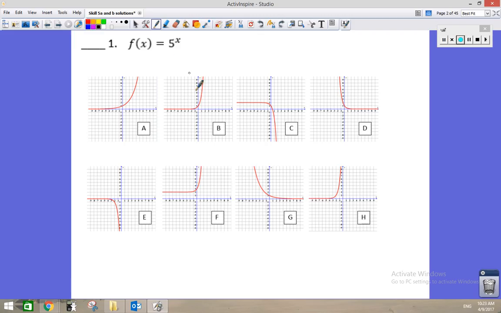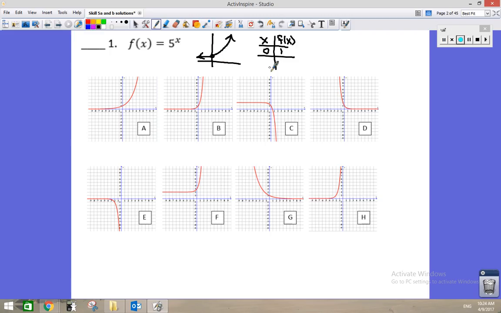Alright, so let's see if we can match these equations to the graphs. The base 5 is bigger than 1, so I know it's an increasing function, so I'm looking for a graph that is increasing. Let's make a table and figure out a couple of points. We know that when x is 0, it's passing through the point (0, 1), and 1 is the y-intercept.